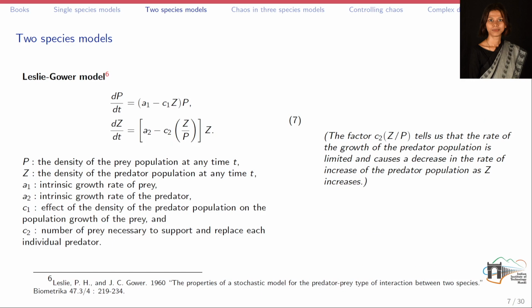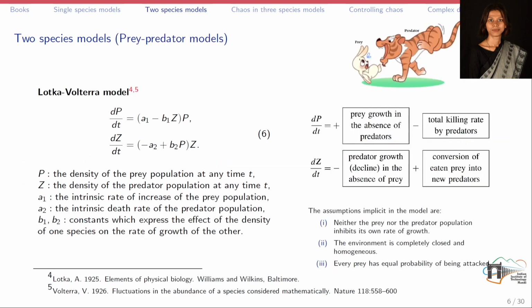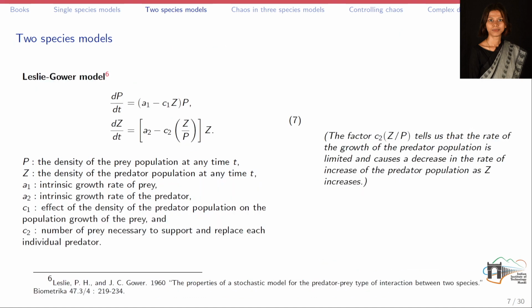Now later, after this Lotka-Volterra model, which was proposed in 1925-1926, another very popular model came in 1960, known as the Leslie-Gower model. The Leslie-Gower model can be modeled as shown in equation number 7.